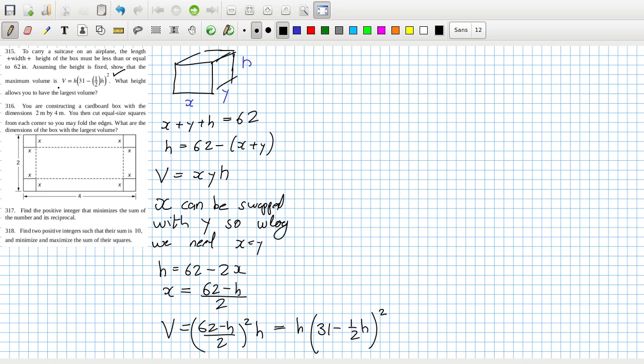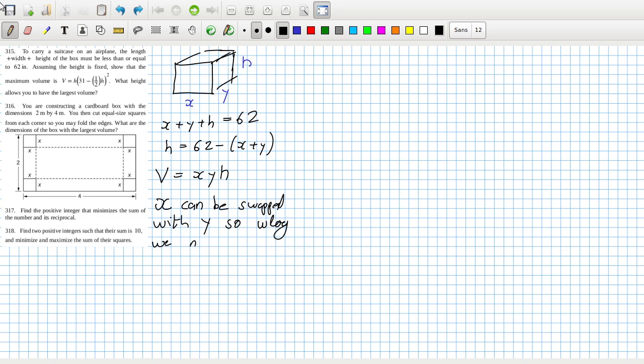But I don't know if that's the maximum volume, because I used this here. I think I know what we can say here.